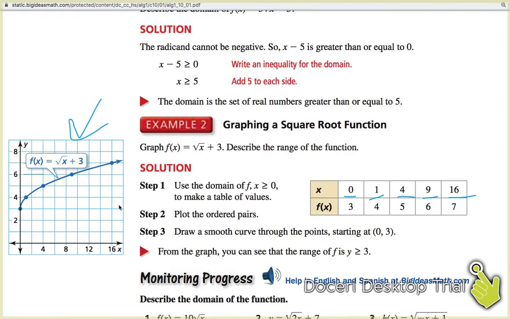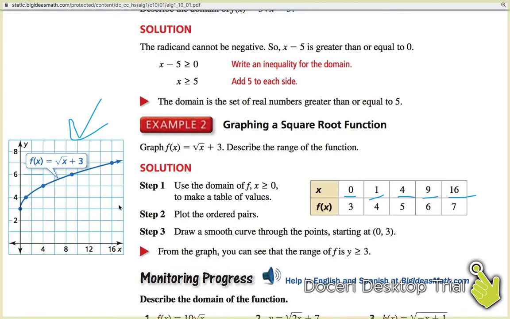What we're going to do instead now, especially with this at-home learning, instead of graphing, we know how Big Ideas is. You're not going to have to graph that function. You're going to have to choose which graph is correct. And to choose which graph is correct, we don't actually have to come up with those points. What we have to do is pay attention to the transformations.